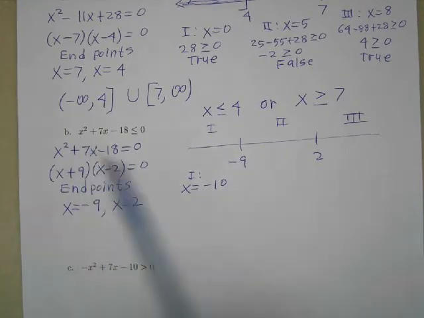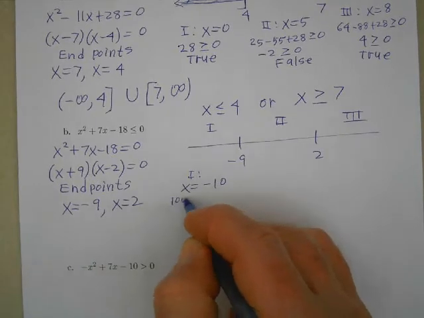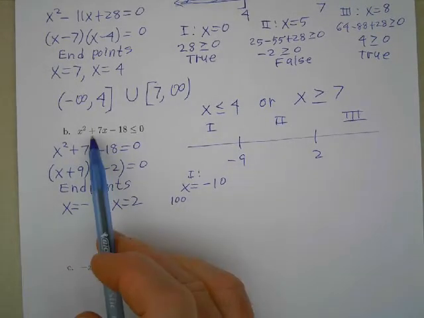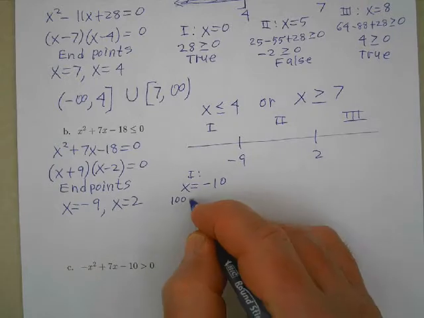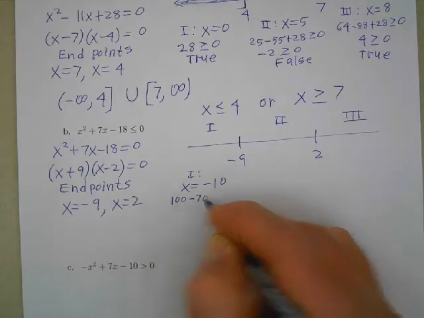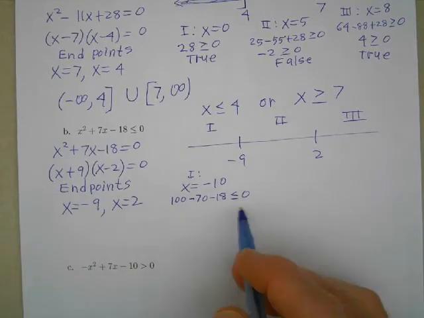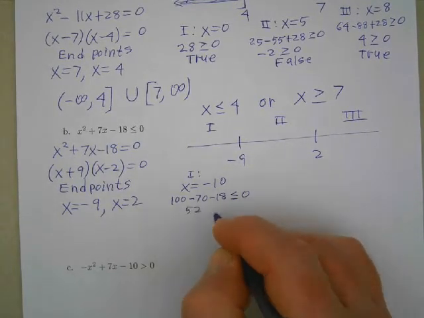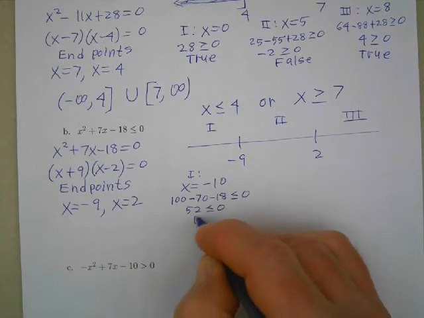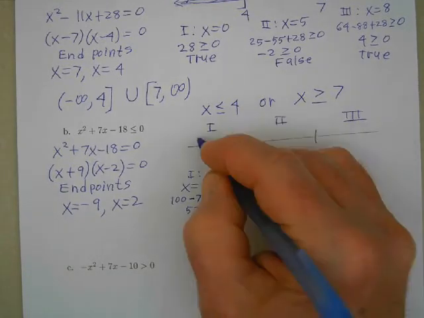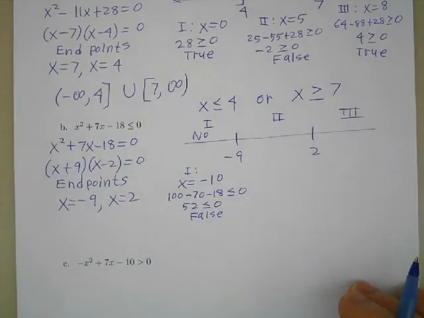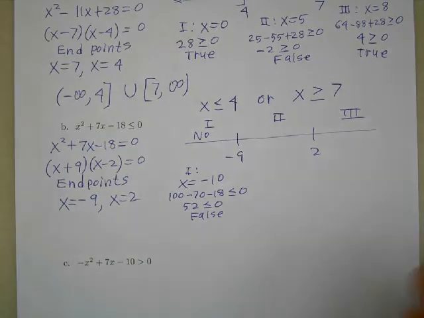So negative 10 squared is 100. And then we're adding 7 times negative 10, so that's equivalent to subtracting 70 and then minus 18, less than or equal to 0. So this is just 52 less than or equal to 0, but that's false. So none of the numbers from negative infinity to negative 9 are solutions.